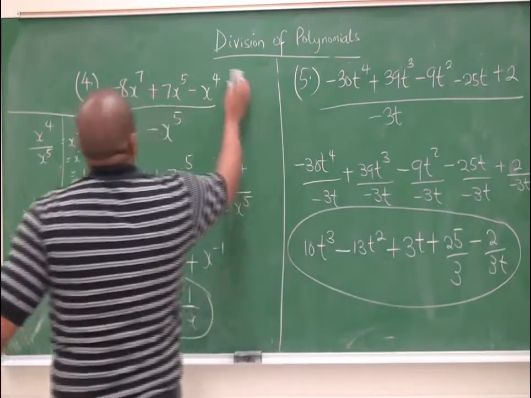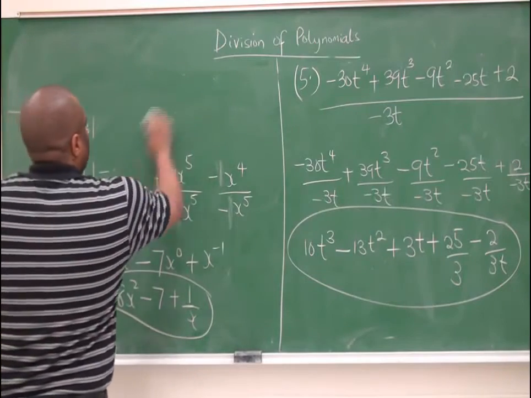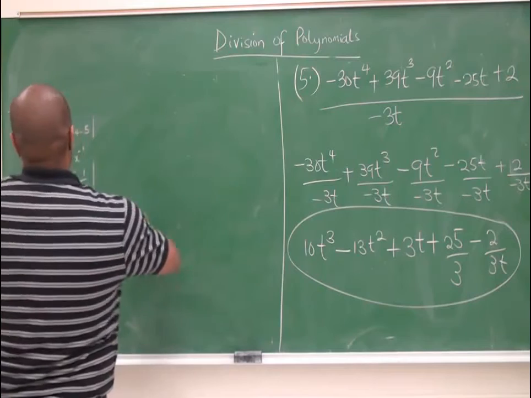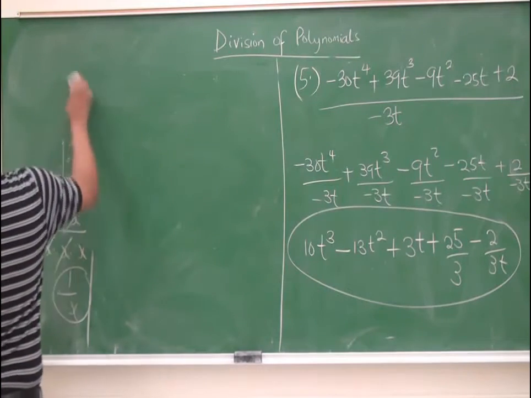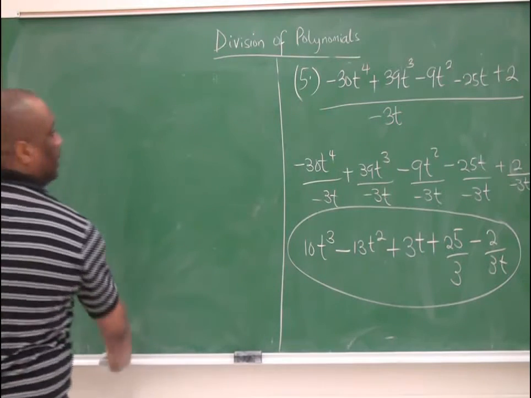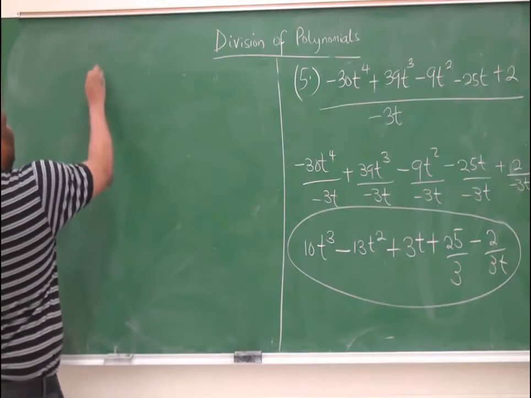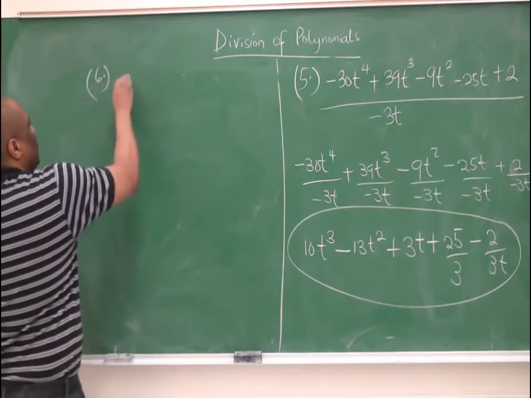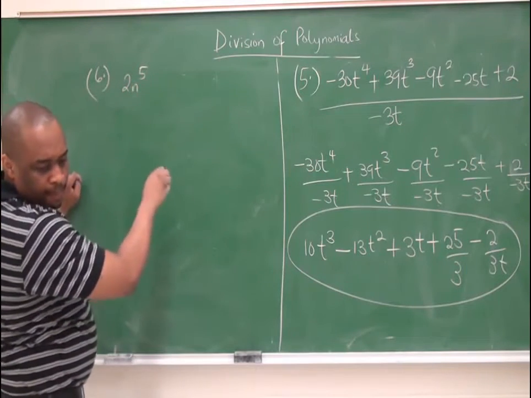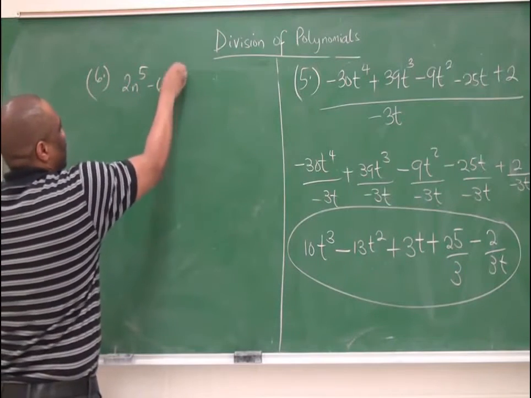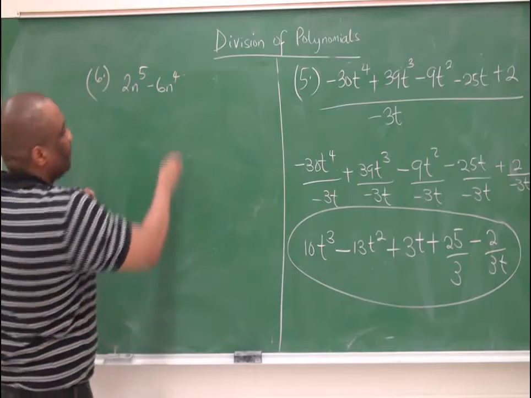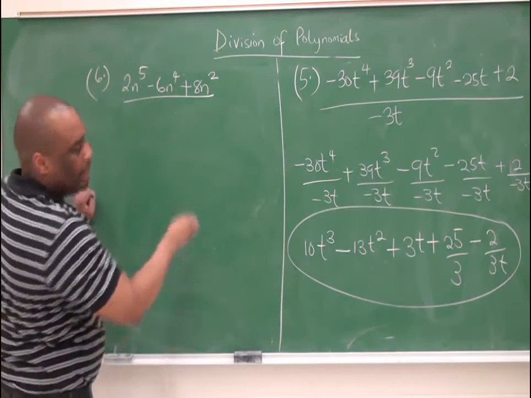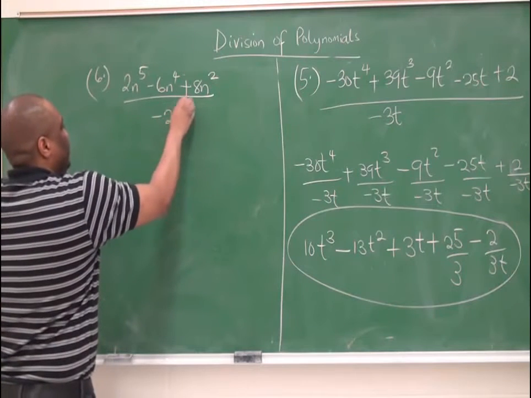Okay? Alright, I'm doing several things, just doing all the varieties so you can be familiar with it. This is 2n^5 minus 6n^4 plus 8n squared all over negative 2n cubed.